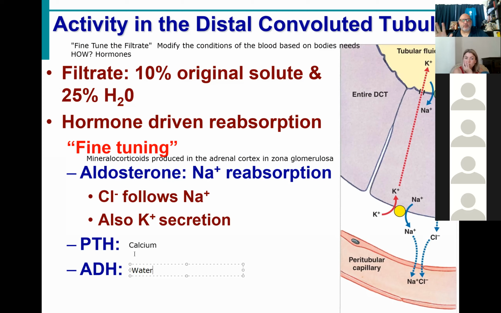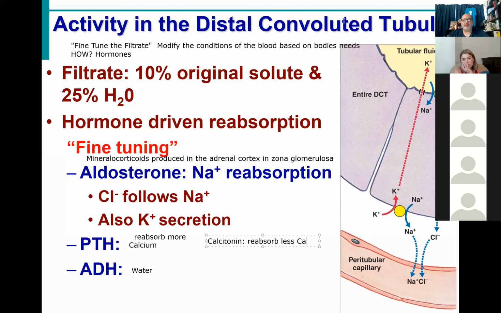Parathyroid hormone tells it to reabsorb more calcium, whereas remember we talked about calcitonin, which tells it to reabsorb less calcium. So we can both increase and decrease, and fine tune the conditions of the blood.